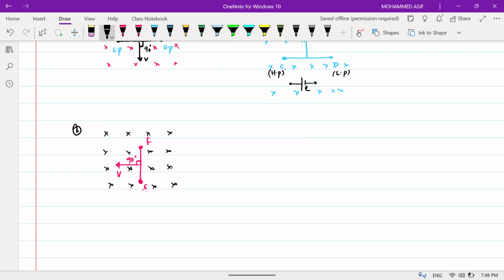E is higher, F is lower. Very good. E is your higher potential. F is your lower potential. That means this will be negative here. This will be your positive, like this EMF. Got it? Am I clear? Yes, sir.